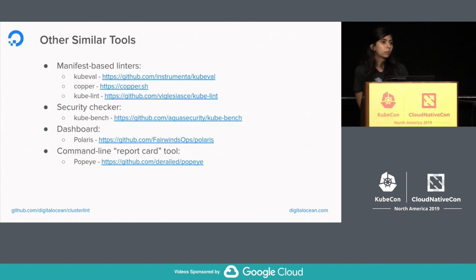We intentionally did not want to focus on workload health because there's the Kubernetes dashboard and other observability tools out there to give you this information. In terms of the checks, Popeye comes closest to clusterlint. I think the difference between the two tools is that clusterlint also has this ability to provide platform-specific checks.